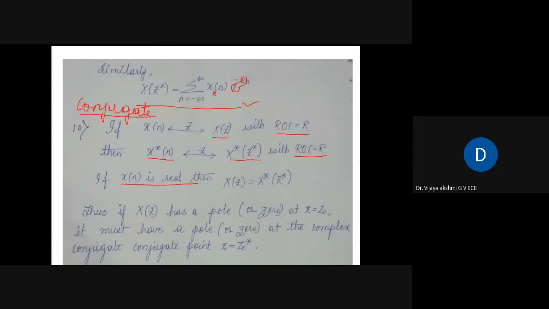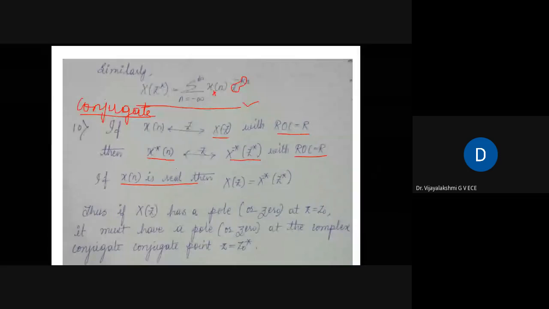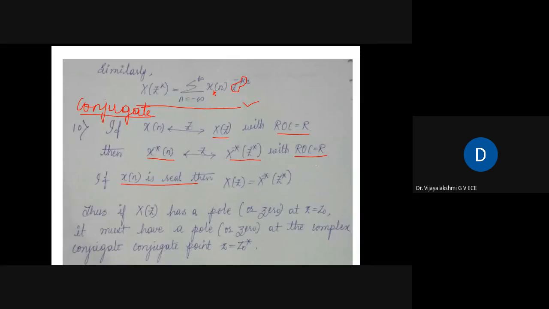If the signal is real, what will happen? If the signal is real, I don't have any imaginary term, right? If I take its complex conjugate, the complex conjugate and the signal will be the same. Say for example, if I have x of n as 1 minus 2j, if I take its conjugate, what I will get? 1 plus 2j.